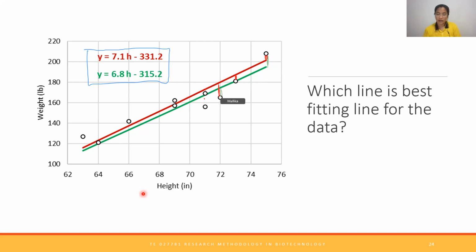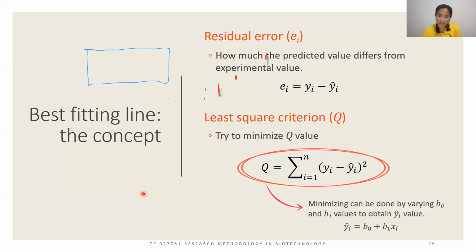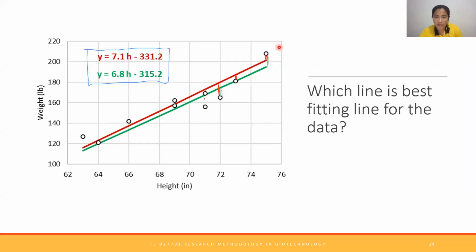According to the formula, you square each of them and sum them up. We have 10 data points here, right?